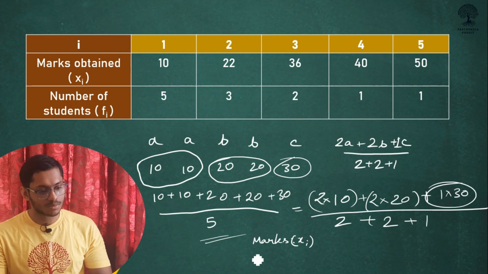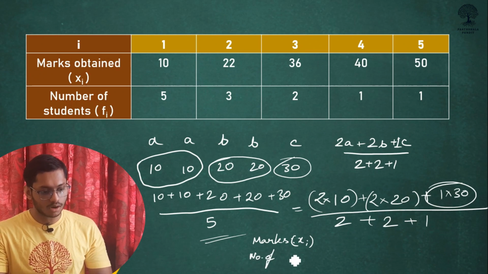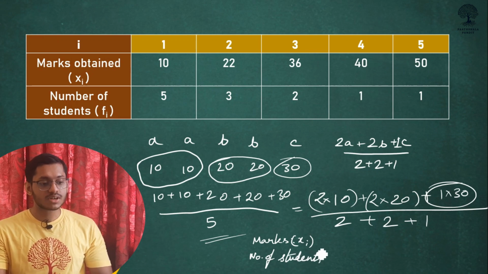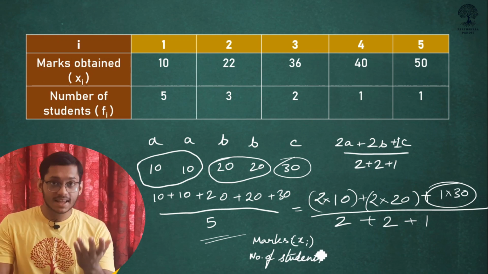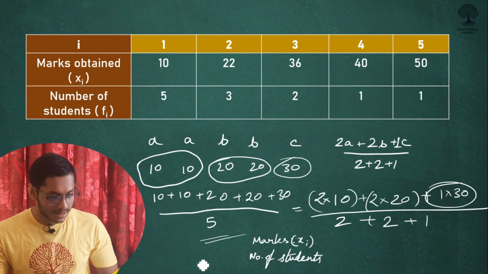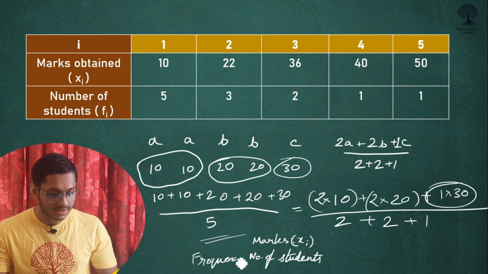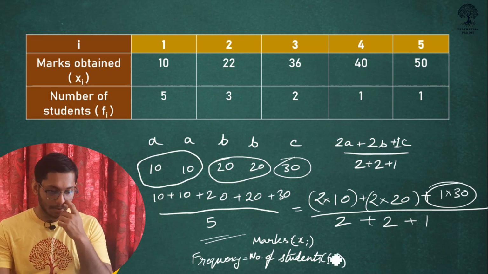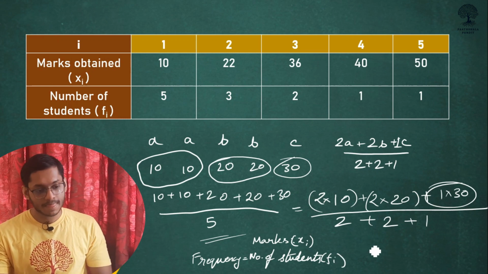And this is the number of students. Now, the number of students we often call the frequency. Let me write it. Frequency, and we denote it as Fi. Again i is the index number.